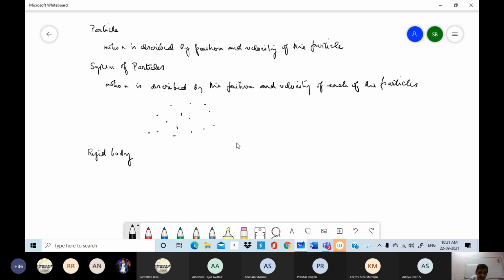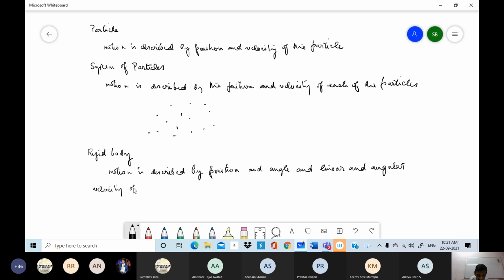If you have a rigid body, although you have a large number of particles, since the relative positions do not change, it's a rigid body.